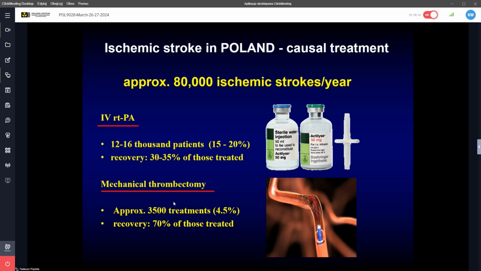If they start after 4.5 hours from stroke onset, there is an increased risk of complications, and they avoid doing it. So mechanical thrombectomy seems better, because according to the criteria, we can qualify patients even up to 24 hours from stroke onset.